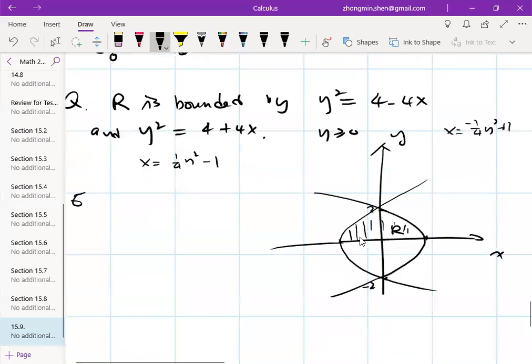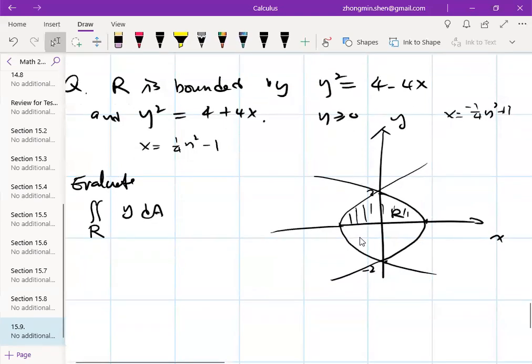So we're going to evaluate the double integral of y dA over R. There are a couple of ways to do it. You can solve this problem directly, without changing the region, by expressing it as an iterated integral. There are two different ways. The first way: this is negative 1, this is positive 1.